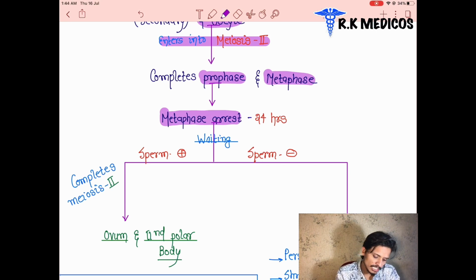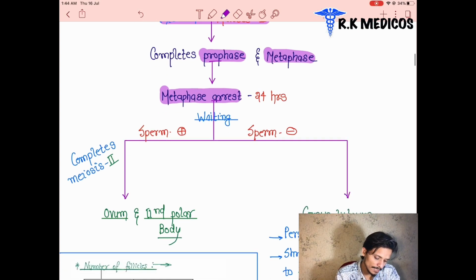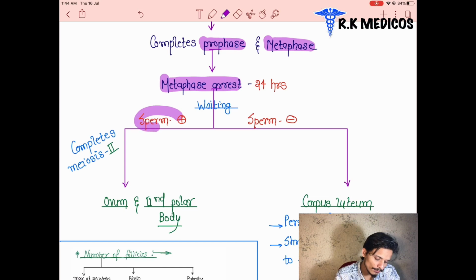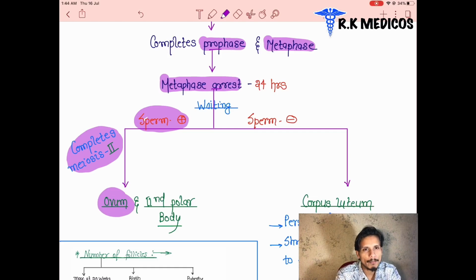When the sperm is present for fertilization, they are waiting for the sperm. When the sperm is present, meiosis 2 gets completed, and the ovum is formed, along with the second polar body. The second polar body is formed at the end of the second meiosis. When the second meiosis is completed, the second polar body and the ovum are formed.